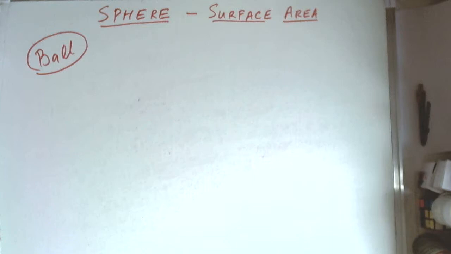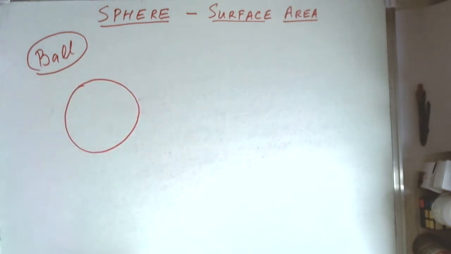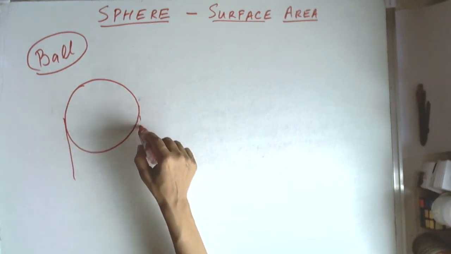We have tennis ball, basketball, table tennis ball, many games have a ball, and we represent it like this. And the measure of a sphere is the diameter.